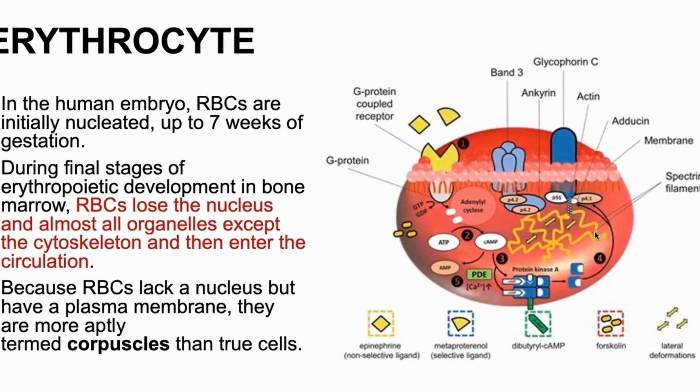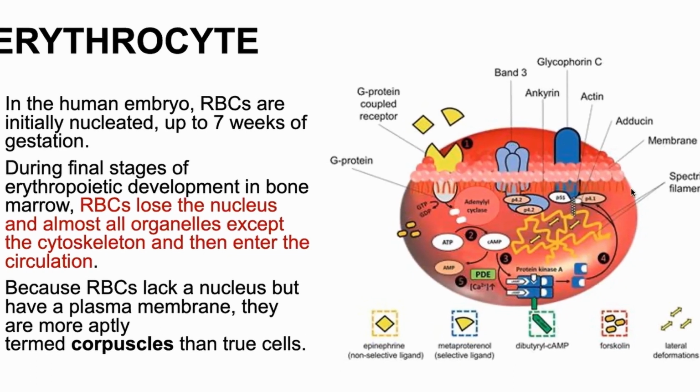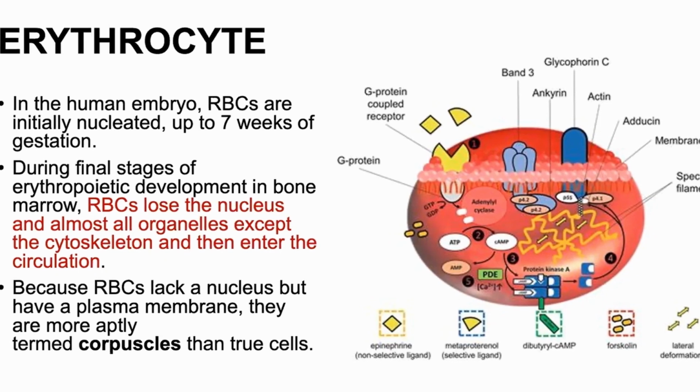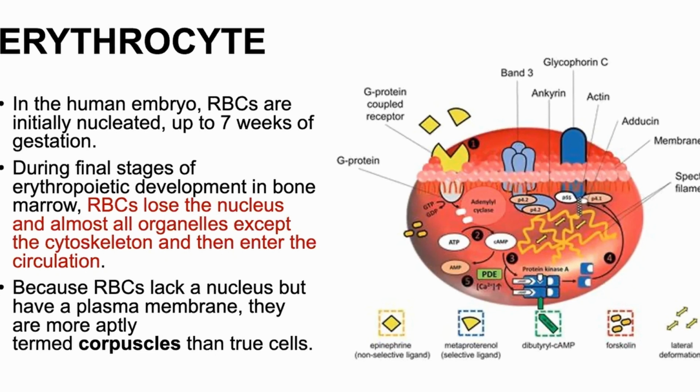At that point is when the nucleus is extruded from it, and then it just circulates as a mature red blood cell in your circulation without the nucleus. So during the final stage of erythropoietic development in the bone marrow, red blood cells lose the nucleus and almost all organelles except the cytoskeleton, and then enter the circulation.